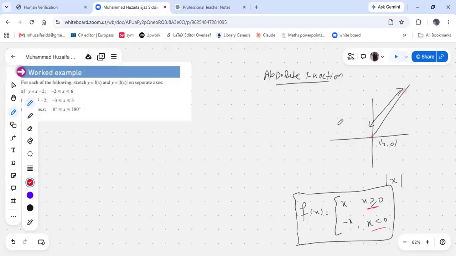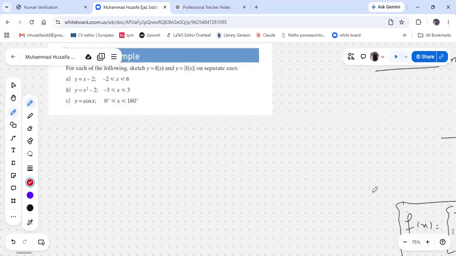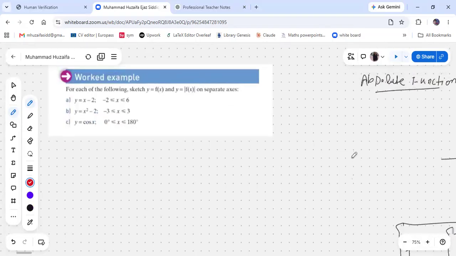Now I'm moving to the worked examples. This is your first worked example. Look here. For each of the following functions, sketch y is equal to f of x and y is equal to mod f of x on separate axes.